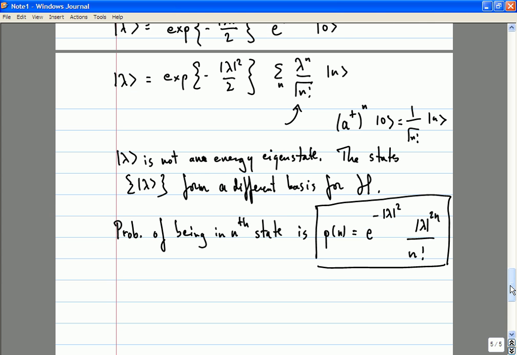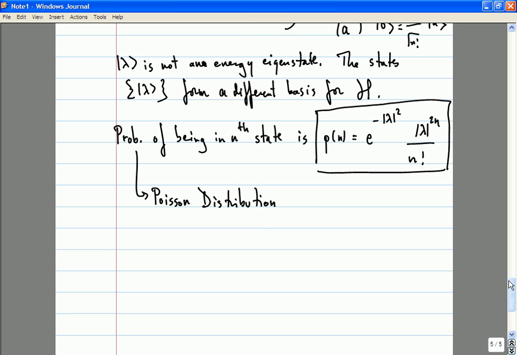In fact, this function has a name. It's one of the most famous functions in statistical physics. It's called the Poisson distribution. If I were to graph the probability of being in the nth state as a function of n, you would find that for a fixed value of lambda, the probability of being in the ground state will be rather low, and the probability of being in the nth excited state at low n will increase as a function of n because of the lambda to the 2n factor.